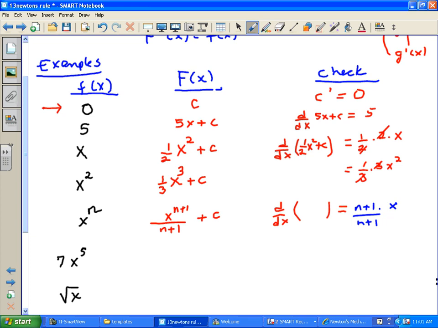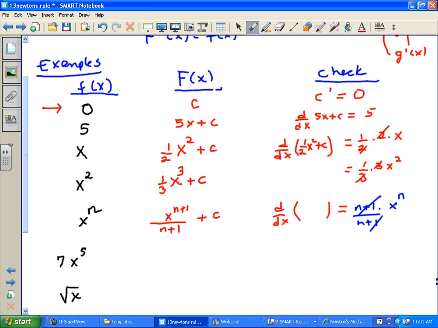N plus 1 minus 1 is n, right? So what did I do? I brought the power down and then subtracted 1 from the power. I applied the rule of differentiation to that quantity, and what do we get? X to the n, which is really what we started with.